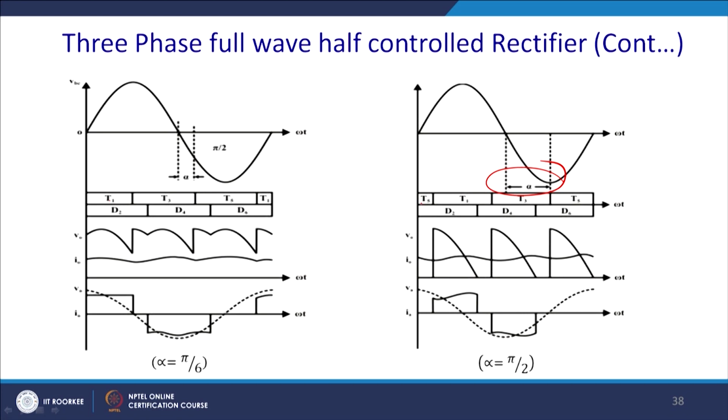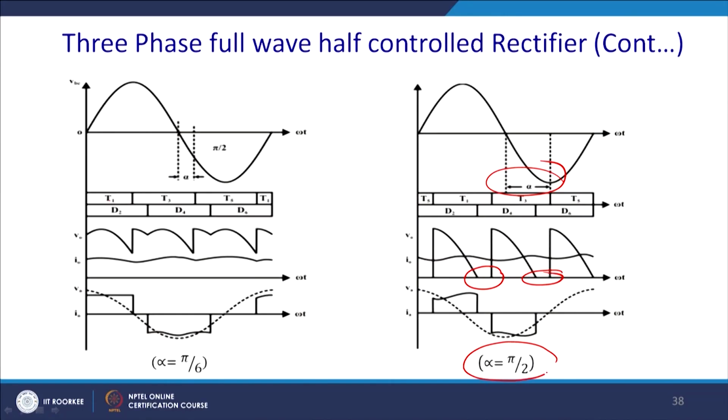First it will trigger with T5, thereafter T3, T1, thereafter T3, thereafter T5. Then you can find that the lower half will continue as per the sequence. For this reason this leads to a discontinuous voltage. We had talked about discontinuous current; here we will have a discontinuous voltage.